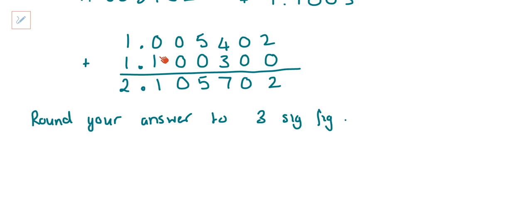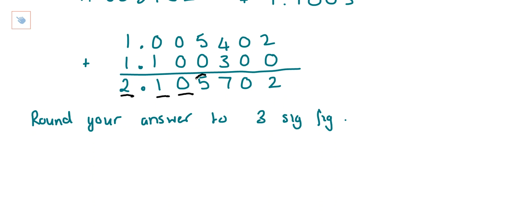Okay, so does this work? I think it should work, yeah. Okay, so this is one significant figure. That's 1, this is 2, and then this would be your third significant figure.